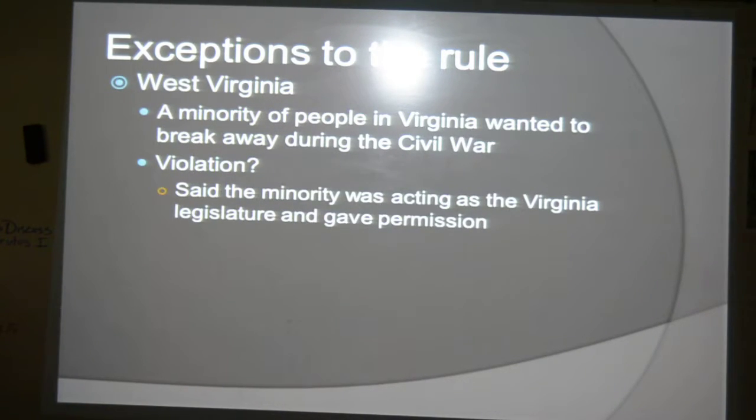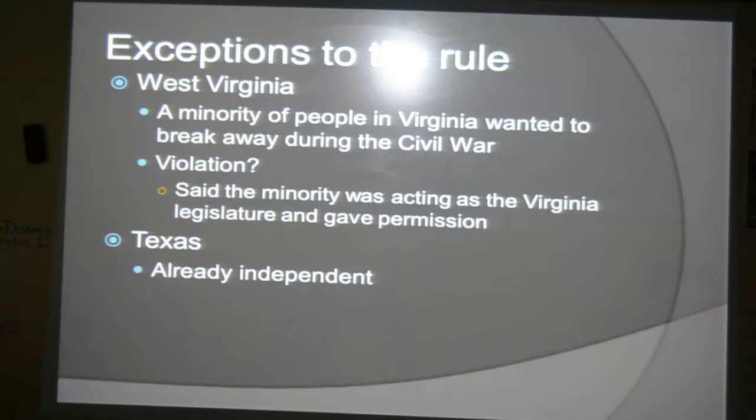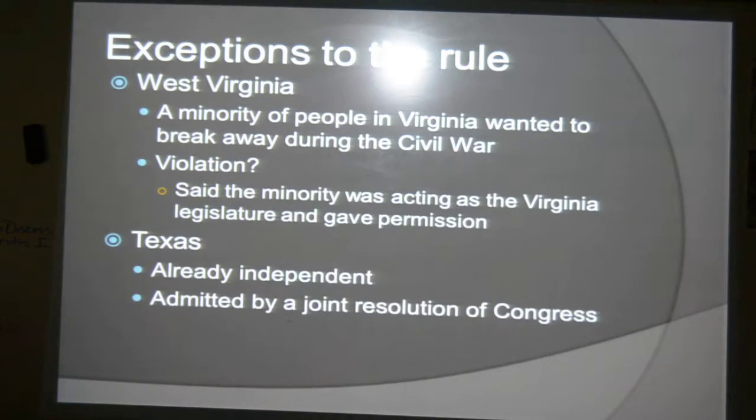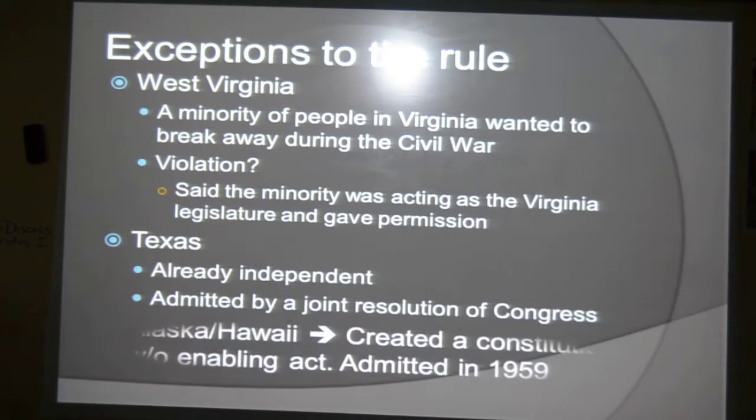So they said the minority was acting as the Virginia legislature and gave permission. Texas. They were already an independent country. Joint resolution of Congress admitted them in. And Alaska and Hawaii, they created a constitution without permission, and they just got admitted.